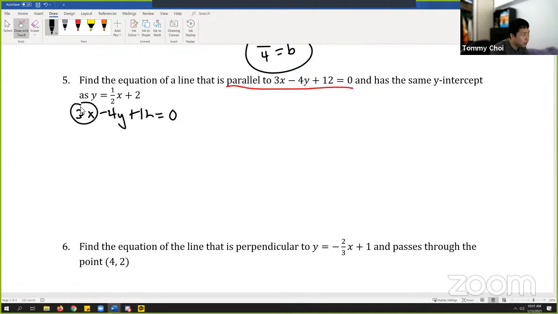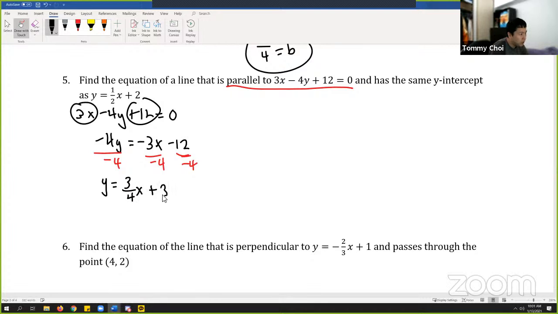So moving 3x and plus 12 to the other side, I'm going to get negative 4y is equal to negative 3x minus 12. I then divide by negative 4. I'll do it in red so we know it's a different step. So dividing by negative 4 for my next step, and that's going to give me y is equal to 3/4x plus 3.